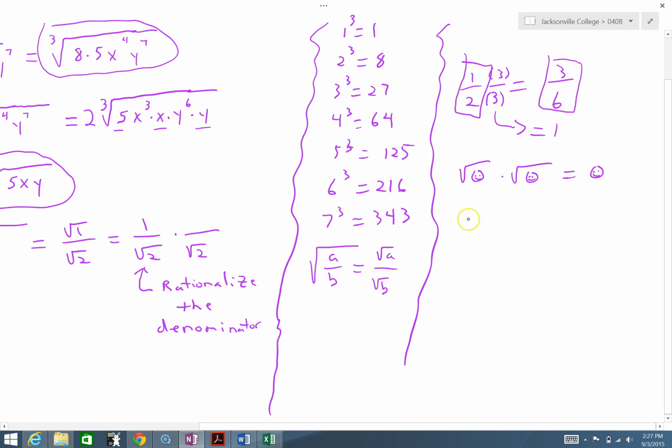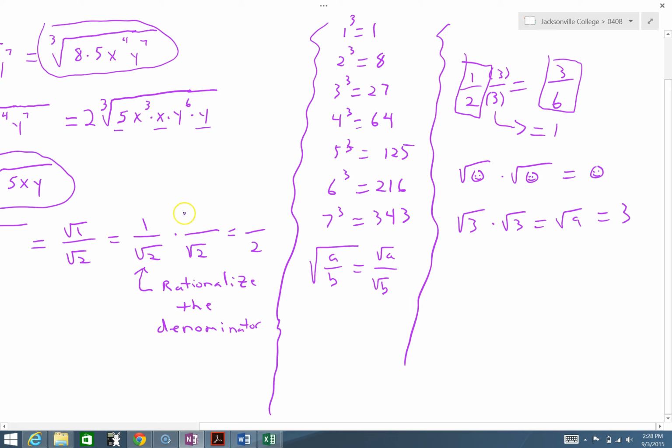That makes perfect sense. If I said square root of 3 times the square root of 3, that is going to be the square root of 9. And clearly the square root of 9 is 3. So a square root times itself comes out. Thus, when I take the square root of 2 times the square root of 2, I will be left with 2.